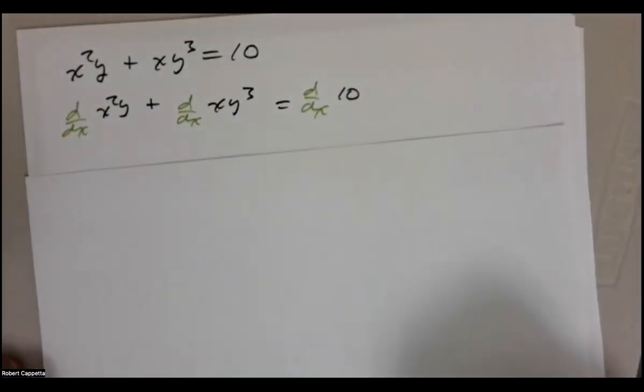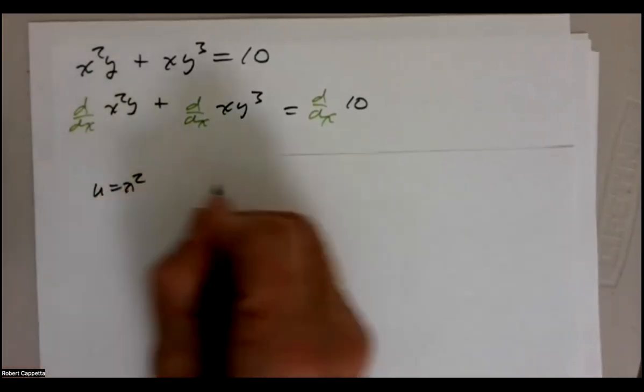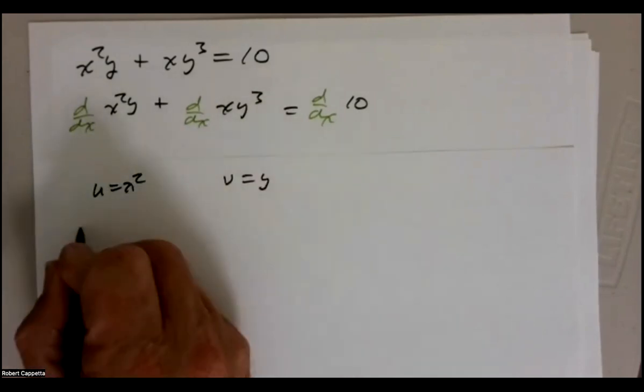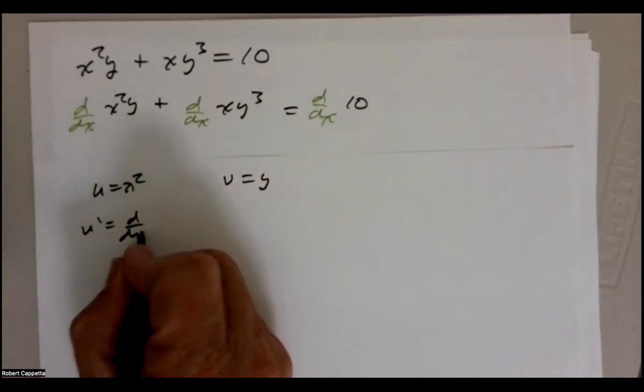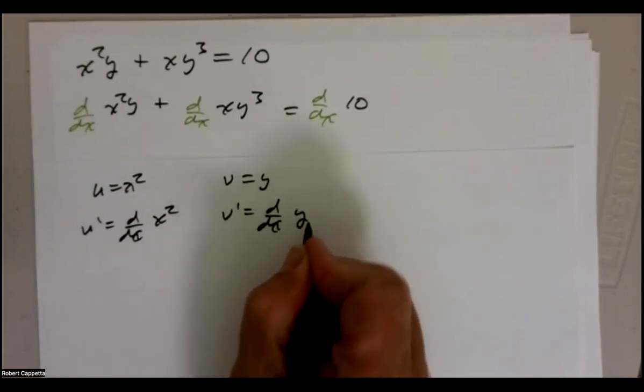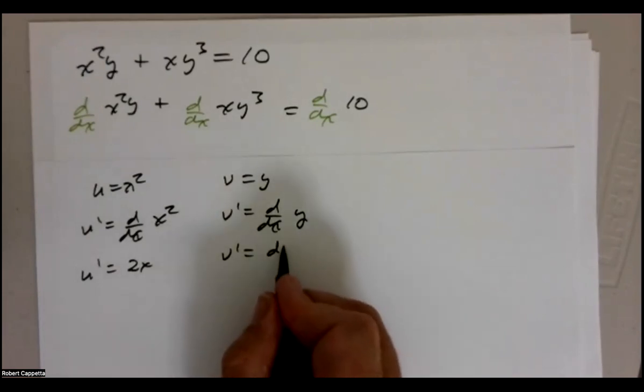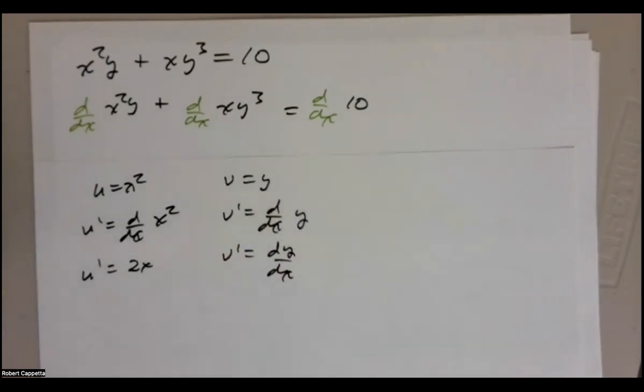So for the first piece, u is x squared, v is y. u prime is the derivative with respect to x of x squared, v prime is the derivative with respect to x of y. u prime is 2x, v prime is dy/dx.